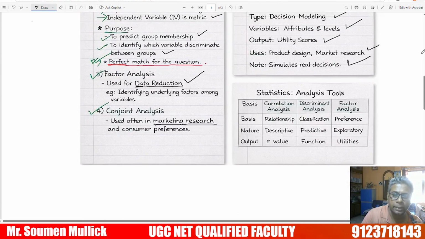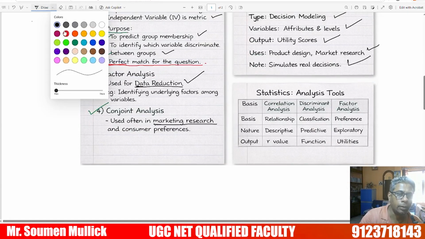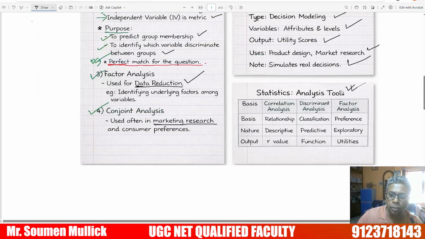What is the comparative analysis of the statistical analysis tools? Correlation analysis is based on the relationship. Discriminant analysis is basically classification, factor analysis is data reduction. The nature of correlation analysis is descriptive, the nature of discriminant analysis is predictive, the nature of factor analysis is exploratory.